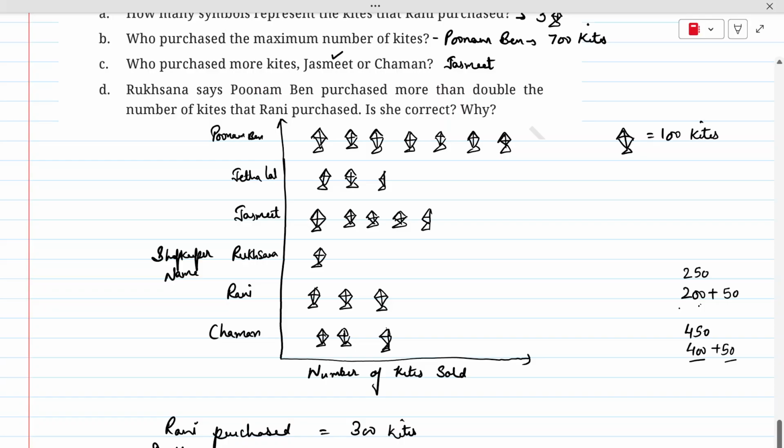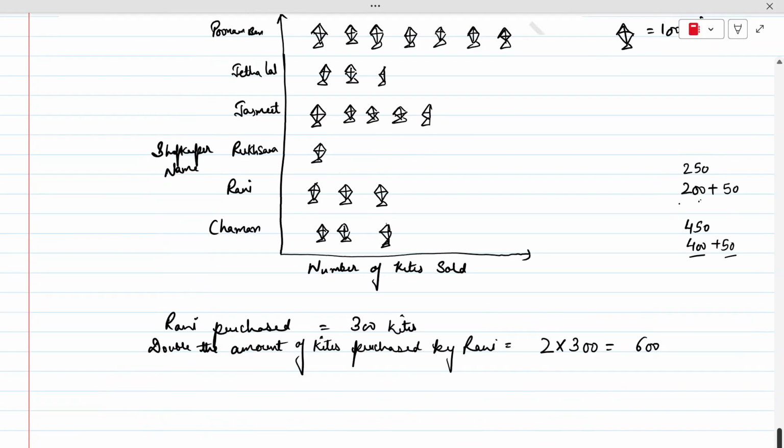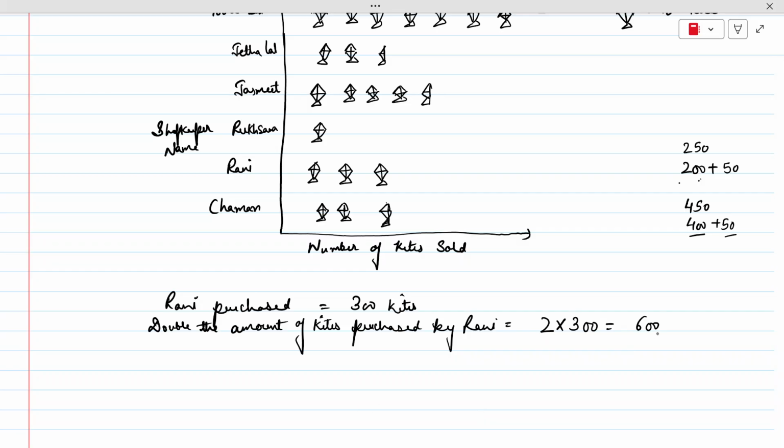Double the amount of kites purchased by Rani, we are doubling this amount, that is 2 into 300, we will get 600. Now she is saying that Poonam Ben has purchased more than the double. Now let us see how much Poonam Ben has purchased. She has purchased 700 kites, which is clearly more than the double because it is more than 600, which is double the number of kites purchased by Rani.